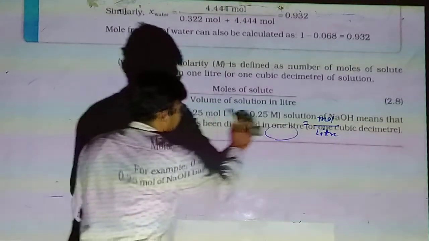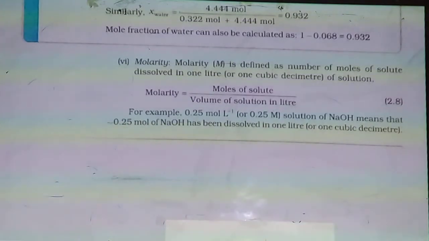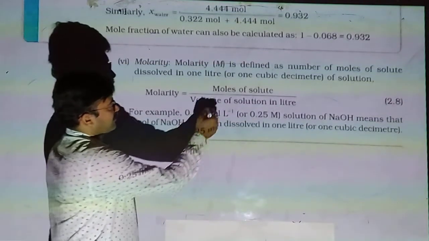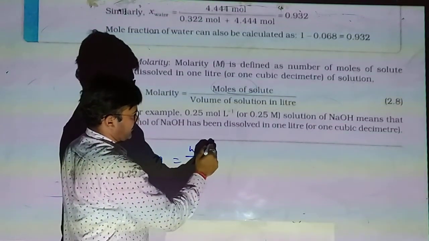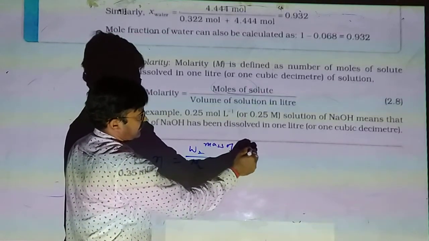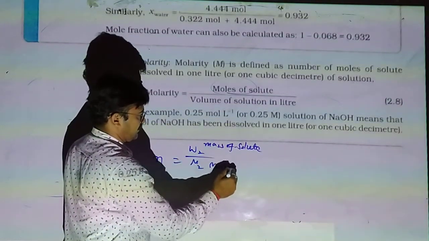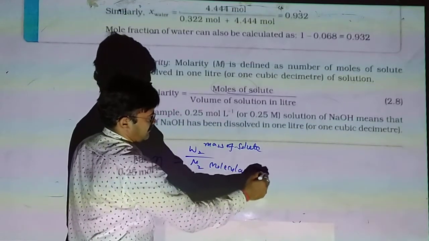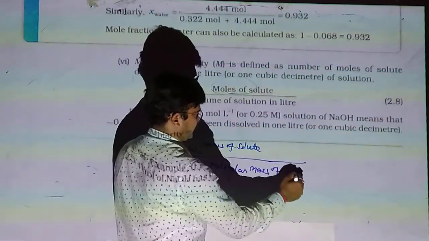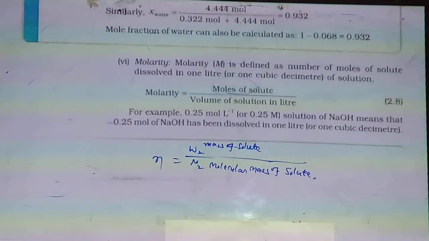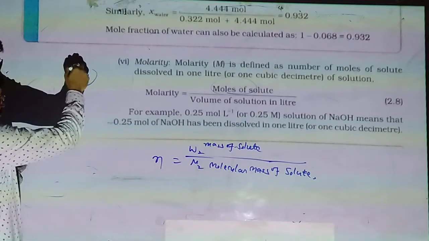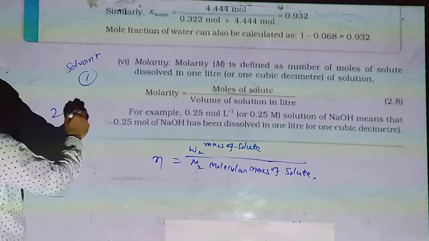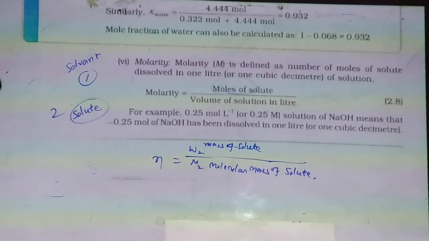Now, this formula we can also represent in another way. Moles of solute means mass of solute upon molecular mass of solute. Keep in mind that 1 is taken for solvent and 2 for the solute.